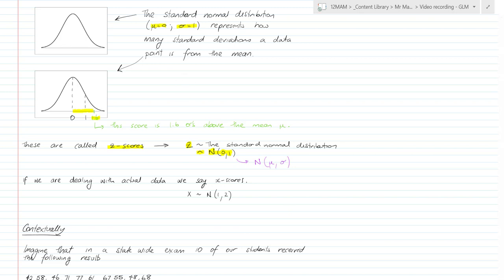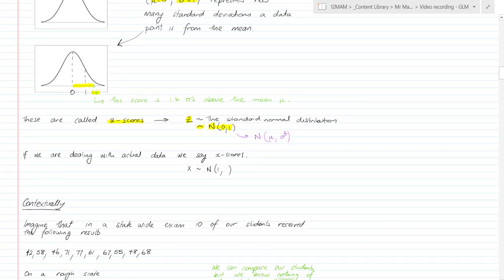If we're dealing with actual data, we say x-scores: X can be represented by a normal distribution with a mean mu of 1 and a sigma squared, which is the variance, of 4, which of course implies that sigma is equal to 2.